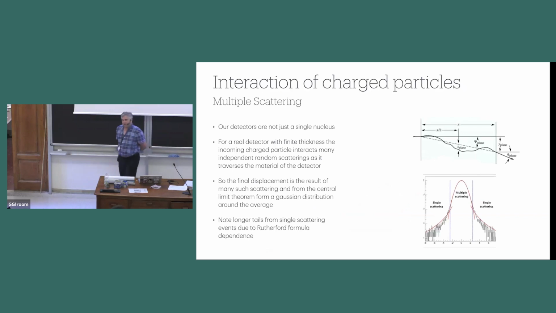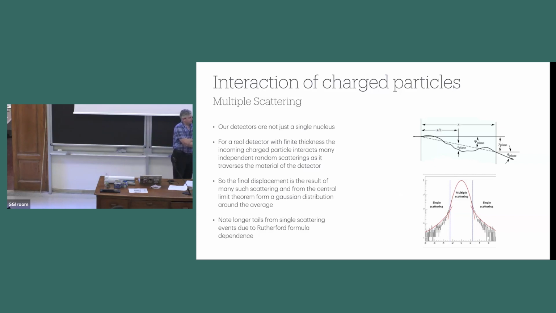And so, of course, in our detectors, these things don't just scatter off a single nucleus. With a real detector with a finite thickness, the incoming particles interact many random times as they go through the material. And so the final displacement is a result of many of those scatterings. And from the central limit theorem, you expect a Gaussian distribution around the average value of 0.